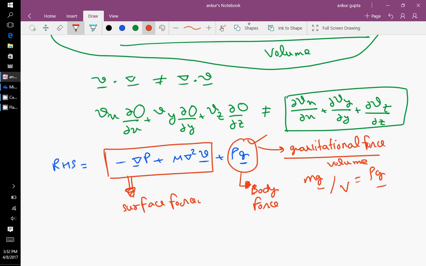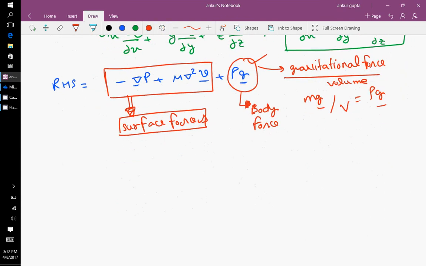They do not act on the entire volume, but they act on a surface. So that's the difference between these two. We generally use these two terms, minus grad p plus mu del square v vector, combined because they are surface forces. So the derivation of rho G vector is straightforward. We don't have to worry about it, but we need to understand how this part, minus grad p plus mu del square v, came along.